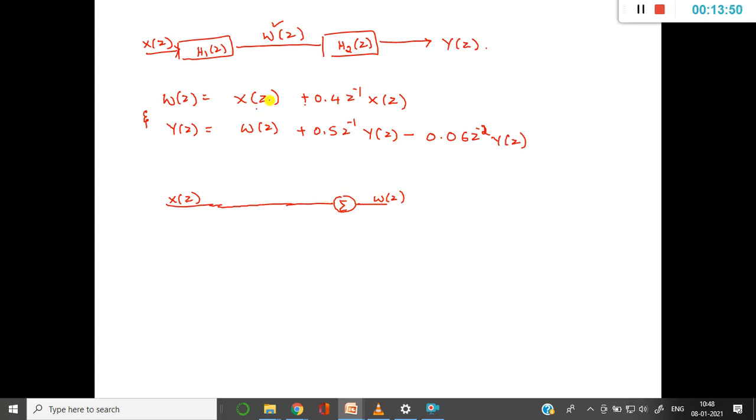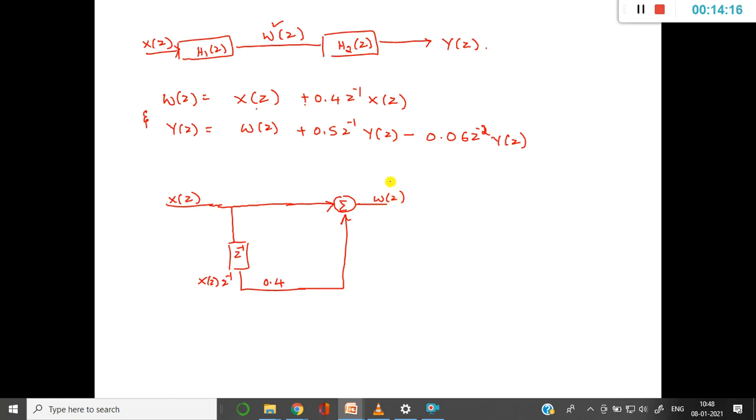It is getting added with its delay z inverse, with weight of 0.4. Now here I am going to get X(z) z inverse, that is added with 0.4, the weight is multiplied to this. Now you got W(z) here.